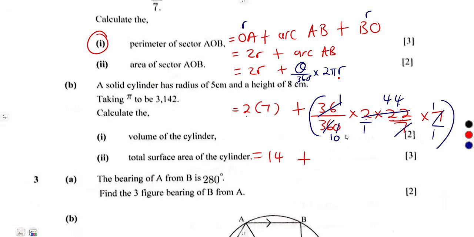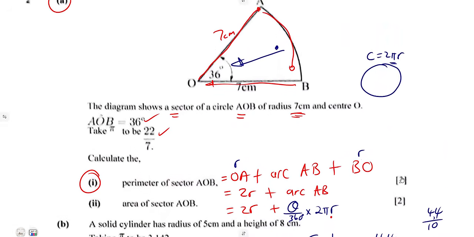So you're going to have 44 over 10. 44 over 10, which is 4.4. So that's 4.4. Add to 14. 14 and 4.4 is 18.4. So it was going to give us 18.4 centimeters perimeter. Same the units that you're given, in centimeters. So that was it.